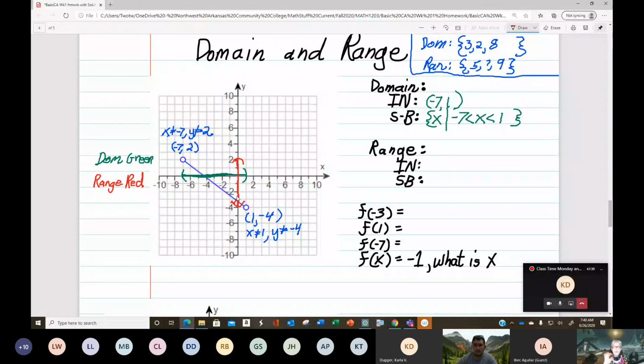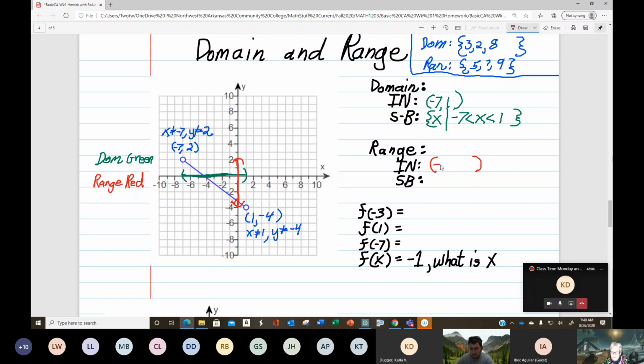All right, this is a picture of my range. The range is on the y-axis, which is the source of all the y-coordinates. So for the range, we're going to write the following. In interval notation, we go from the lowest y value to the highest y value.